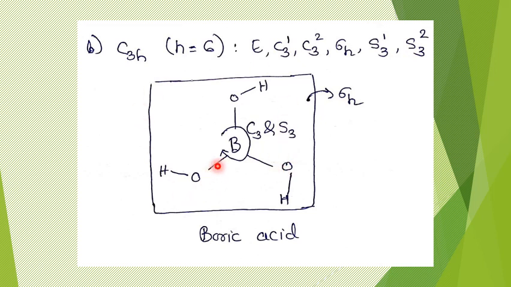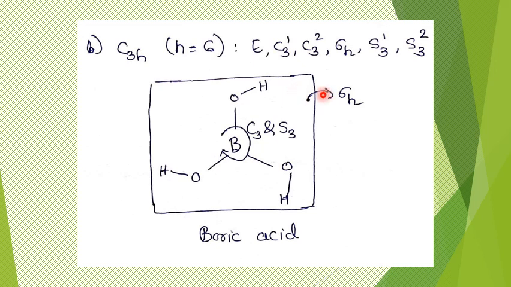Okay, this is the example, and this is the C3 axis, just like in the previous example. If you take this to be the plane of the molecule, the perpendicular axis will be the principal axis. On that axis the molecule can be rotated. This is a planar molecule, which is a very important fact: the oxygen, hydrogen and boron atoms are all in the same plane. And this is sigma h, because it's perpendicular to the C3 axis.